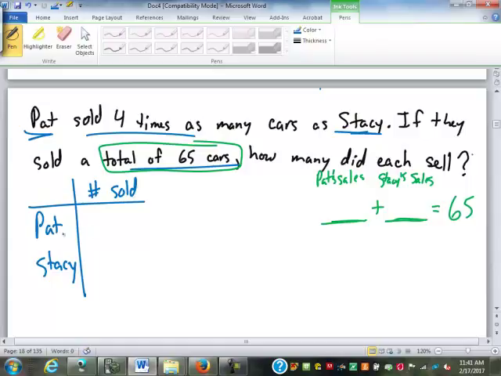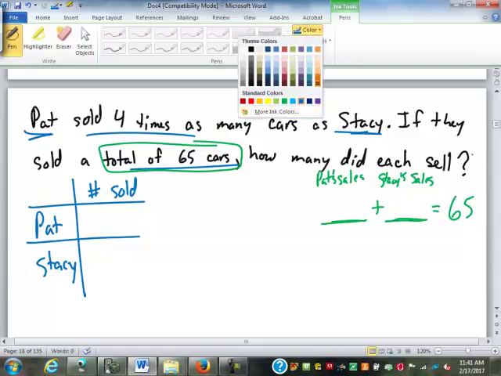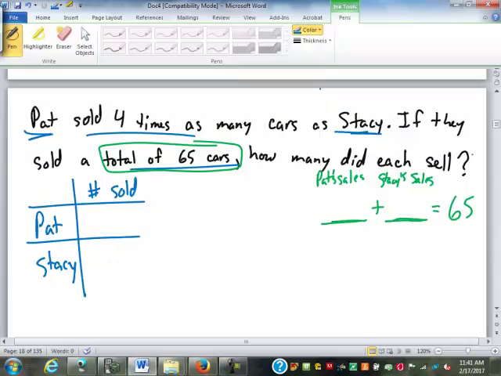We're looking for a way to express the number that they sold. We could put 2 variables, we could call them X and Y, but then we would have an equation with 2 variables in it, and we don't know how to solve that. On Monday, we'll take a look at how we would do that. But for now, we're going to keep it in 1 variable. So we have to express both the number that Pat sells and the number that Stacy sells with 1 variable. So we have to have a relationship between them.